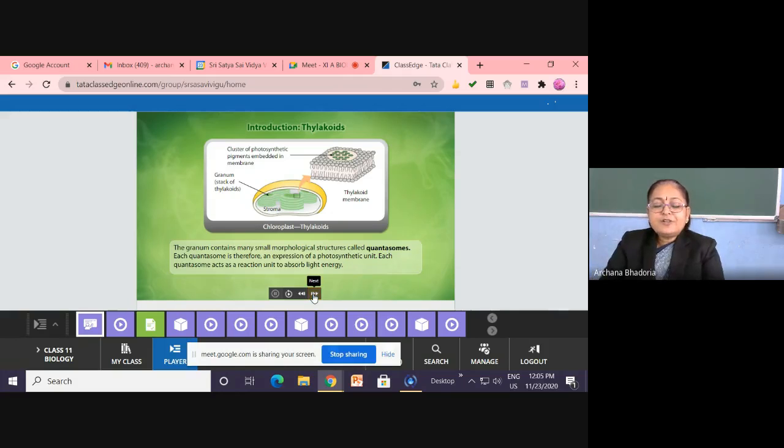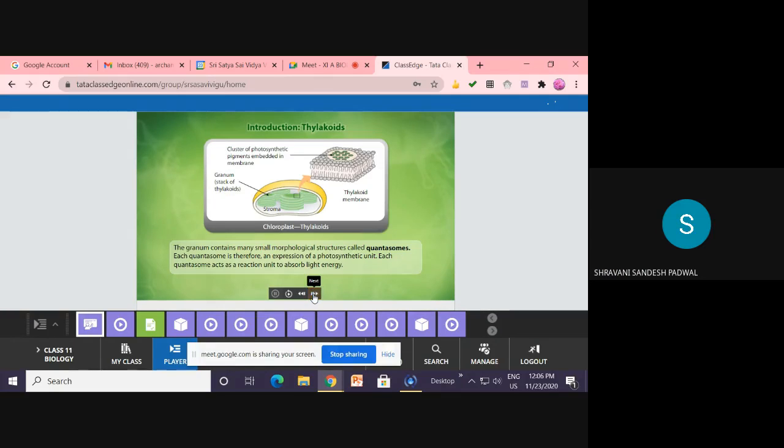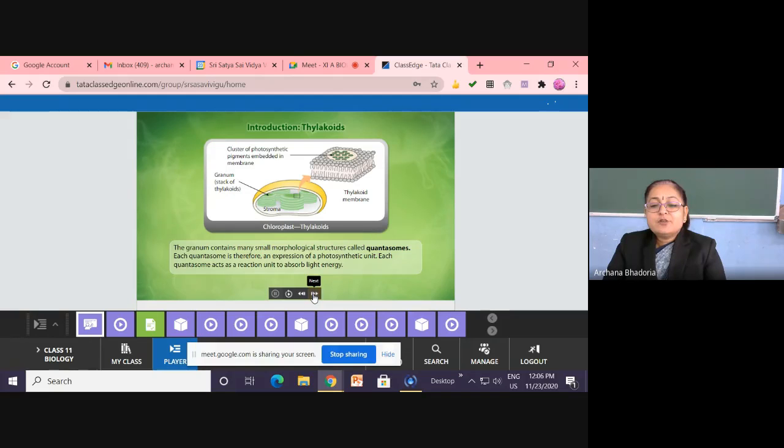Now children, try to understand the light reaction. We also call it the light phase, so write it. Where will the light reaction occur? In the thylakoids.